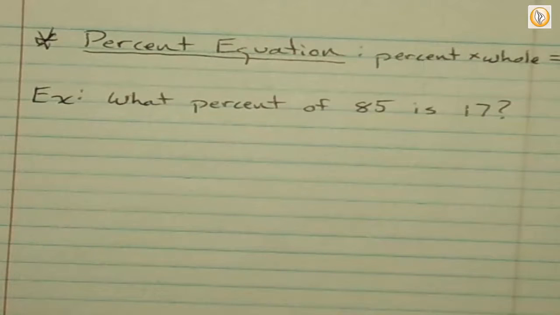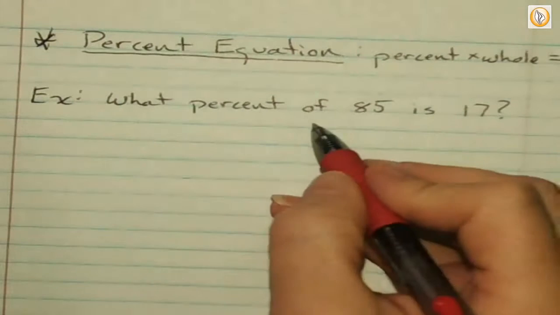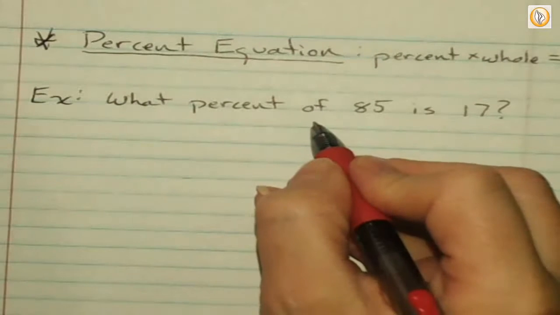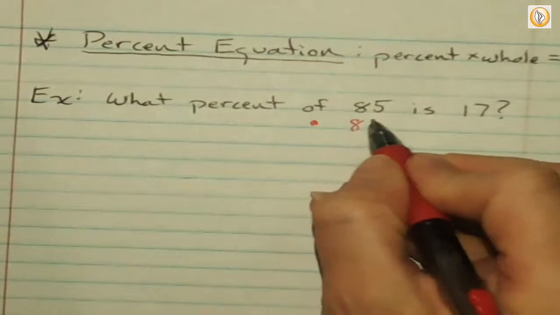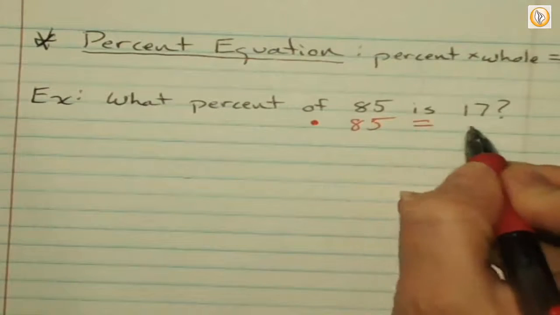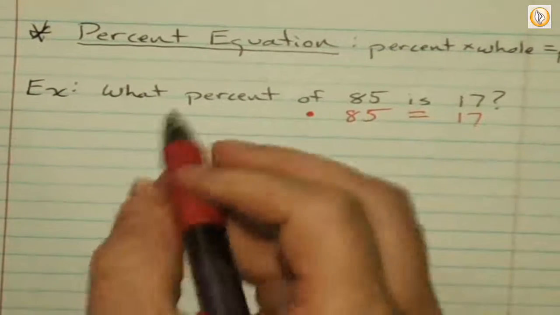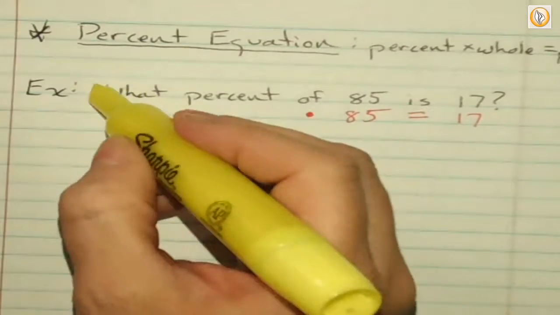Not really a trick, it's more like how to do it. Sophia, what does "of" mean? Times. 85. What does "is" mean? Equals. And then 17. Do we know what the percent is? That's what they're asking, right?